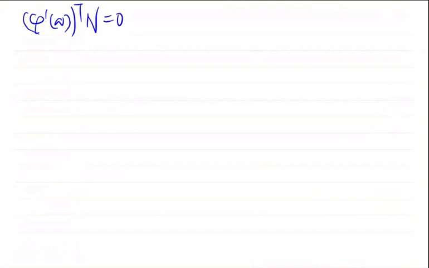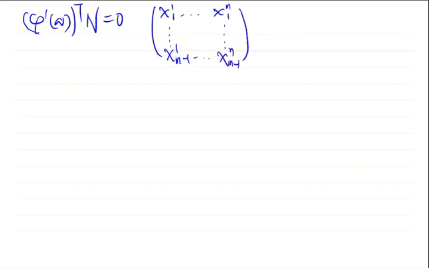This equation can be written as here: the matrix with entries x_{11} through x_{1,n-1}, down to x_{n1} through x_{n,n-1}, this is the transpose of phi prime at a, and N is (N_1, ..., N_n), this is 0.